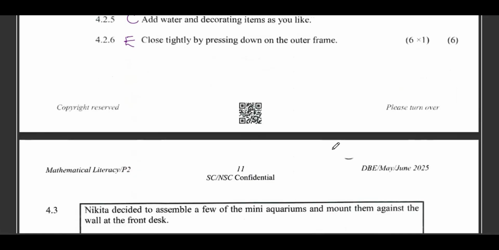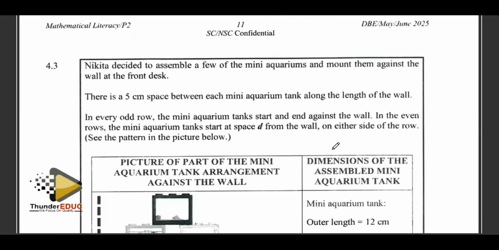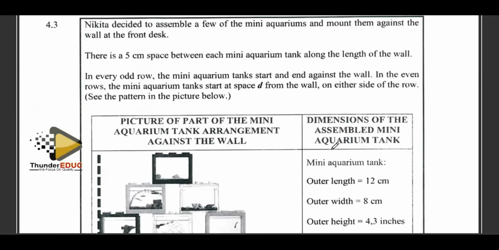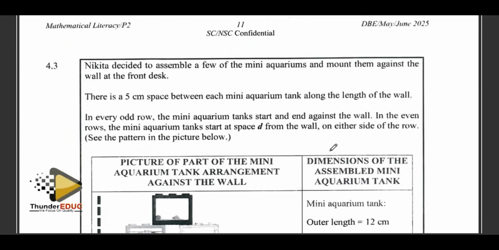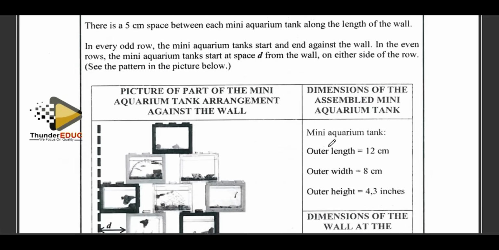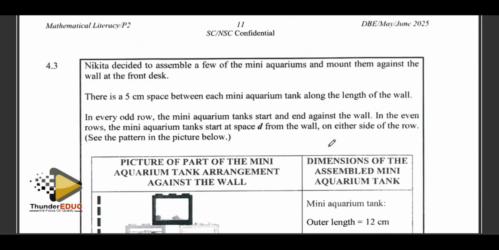Okay. Let's look at 4.3. Nakita decided to assemble a few of the mini aquariums against the wall at the front desk. There is a 5 centimeter space between each mini aquarium tank along the length of the wall.